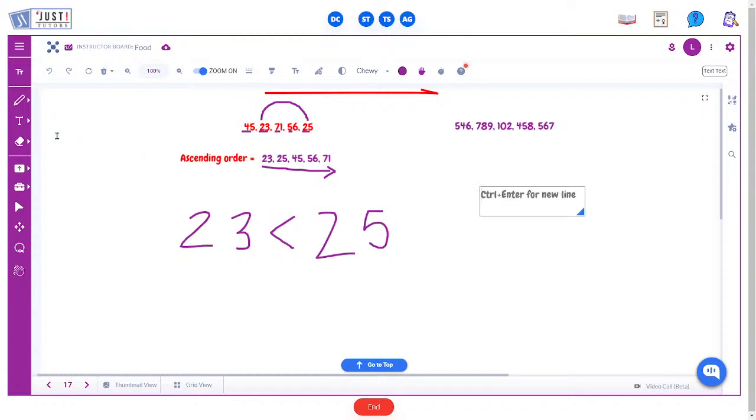Now we have to arrange them in descending order this time. Descending order.